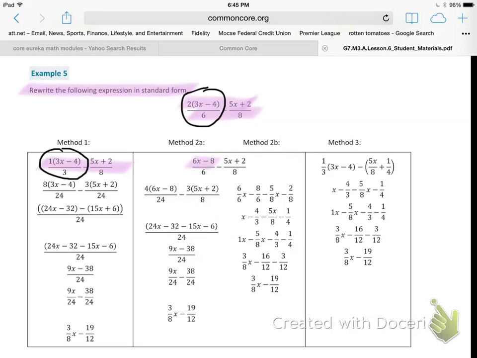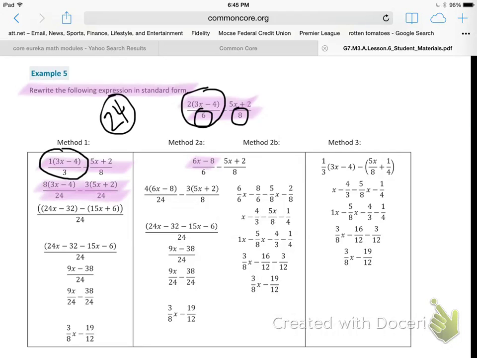So they've actually gone ahead and cut that in half. I'm not exactly sure why they did that, but I do understand why they are doing the second step, because 24 was going to be the lowest common denominator, even if you kept it with sixths and eighths.